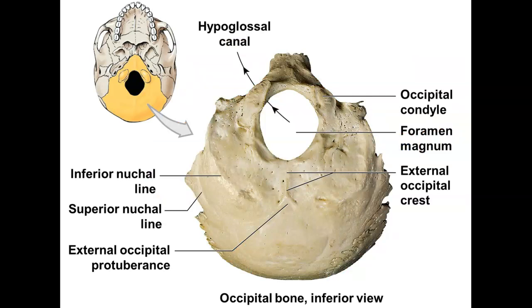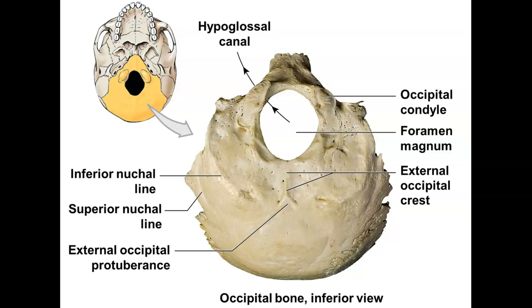So looking here at an actual bottom plate of the skeleton, looking at the occipital bone, you'll see different sections to that occipital bone. So you have, for example, the inferior nuchal line, and of course nuchal refers to the neck section. You have the superior nuchal line.